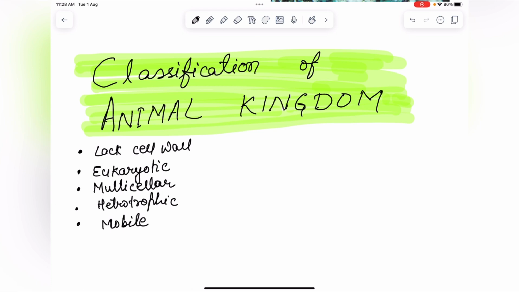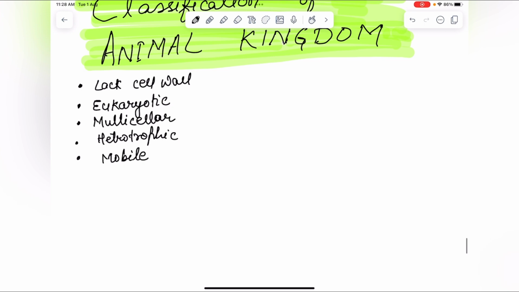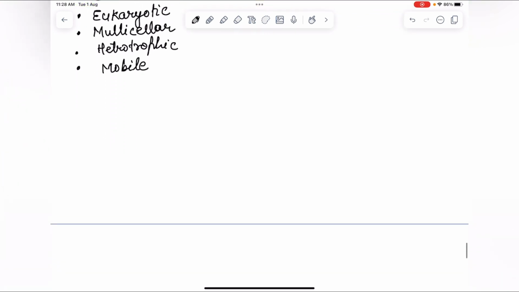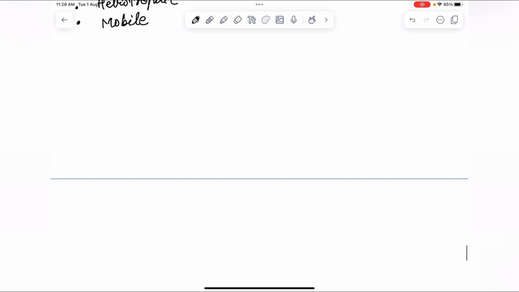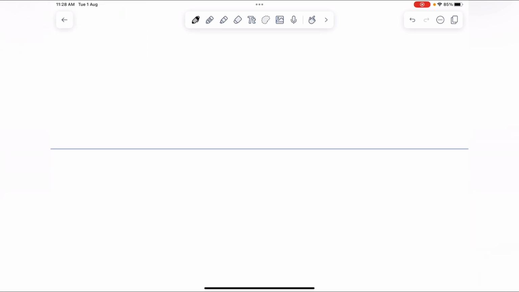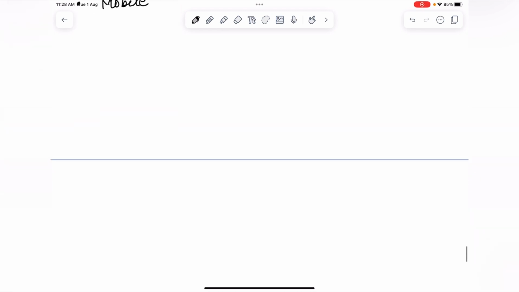Before learning about the classification of the animal kingdom, we should know some basic terms used for classification, like body symmetry, which we divide into radial symmetry and bilateral symmetry, and germ layers. We need to understand these terms before going to the classification.